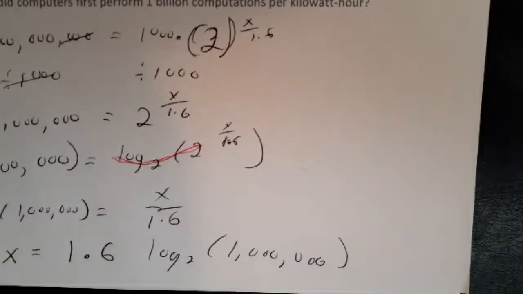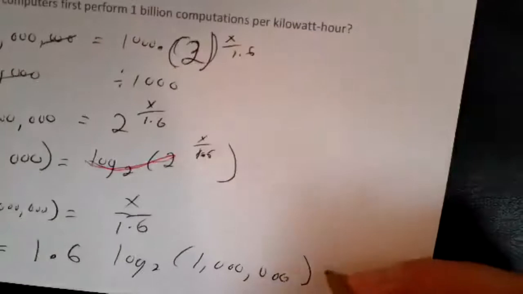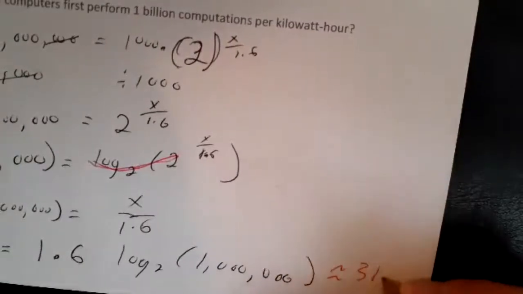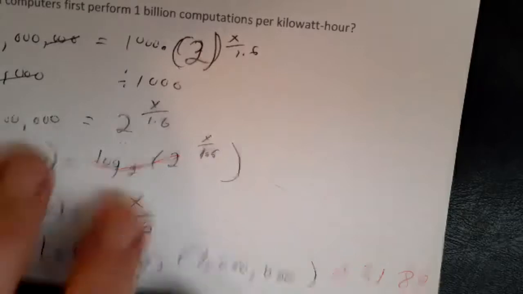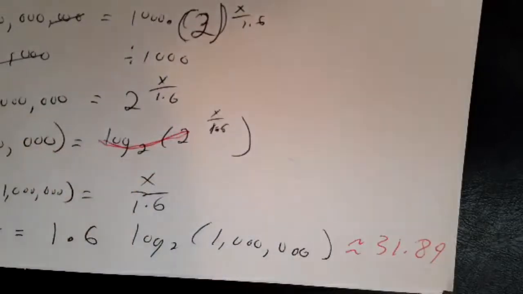I'm going to cheat a little bit. What is this? 31.89, I think is what I'm getting. Okay, so this is giving me something around 31.89.